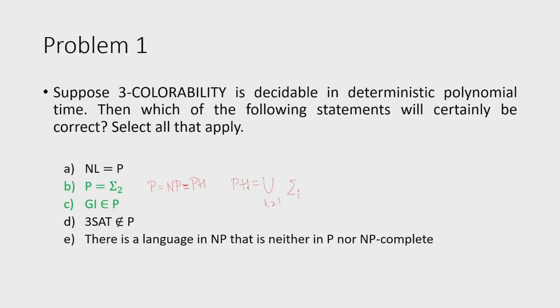Because PH is equal to P, we can also say that P contains sigma i for all i, but we also know that P is equal to NP is contained in sigma i. So this implies that P is equal to sigma i. So even if you replace this 2 with any i, the option would still be correct. Does this answer your question?